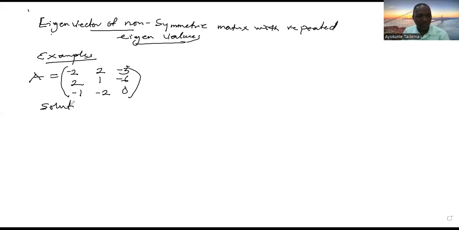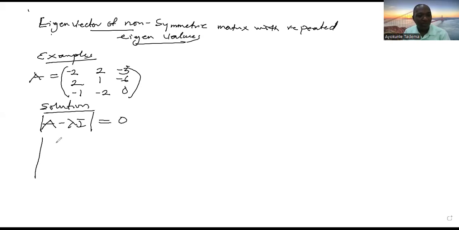Solution. The first thing we'll do here is, first and foremost, find your eigenvalues. And how do you find your eigenvalue? Using the characteristic equation given by the determinant of A minus lambda I equals 0.